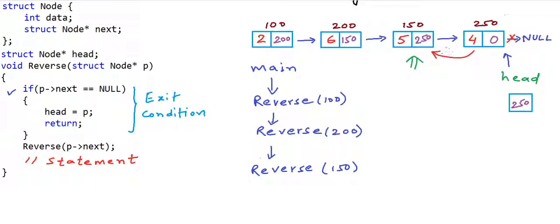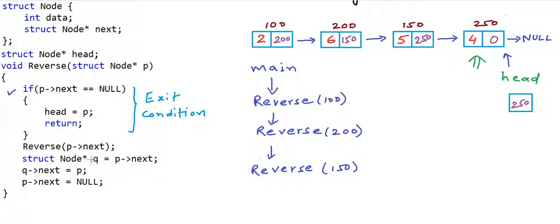So we will build this link, and we would have to cut this link and make this guy point to null, and that's how node till address 150 will be reversed after we finish this call. So I've written these 3 lines in my function that will execute after the recursive call. So they will execute when the recursion is folding up and we are traversing the list in the backward direction.